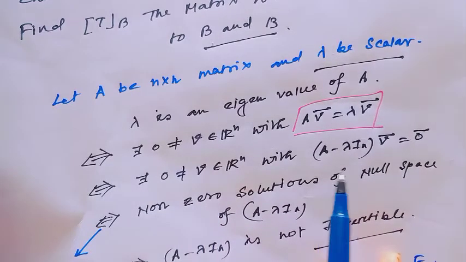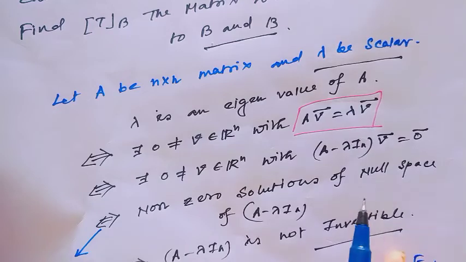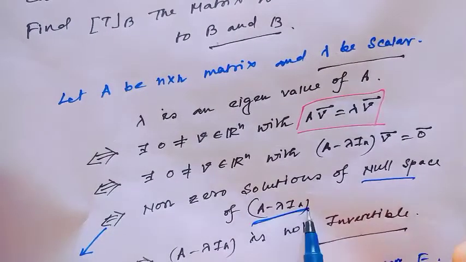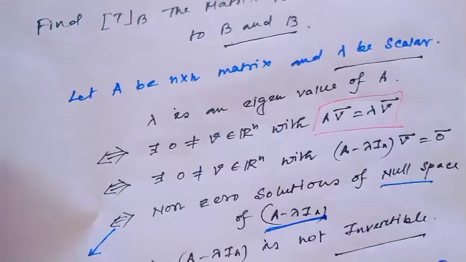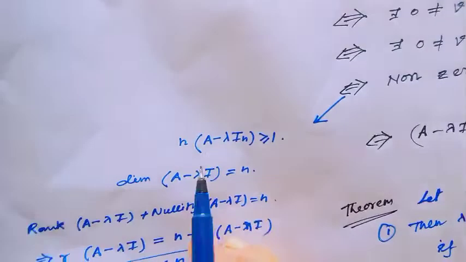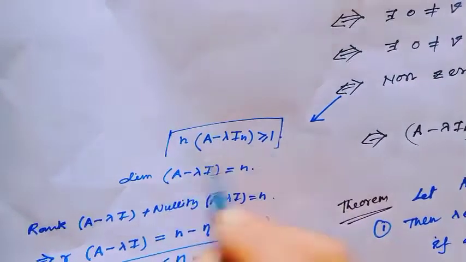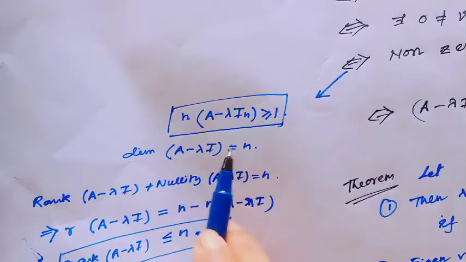That means a non-zero solution in the null space of A minus lambda I. Since there is a non-zero solution, obviously the nullity of A minus lambda I is greater than or equal to 1.